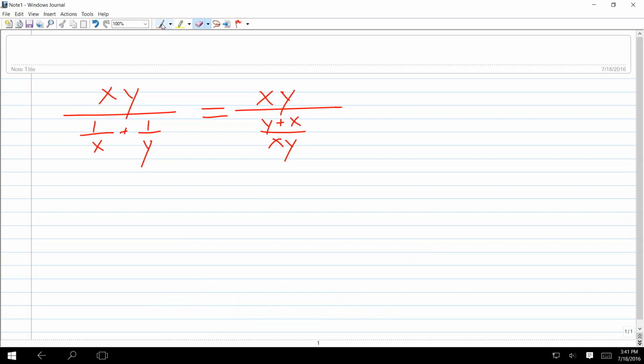Always have to do two things. In other words, I can't just multiply that by that. That can't be the same because right now it's asking me to divide that by that. But if I flip the bottom and multiply, then I can do that.